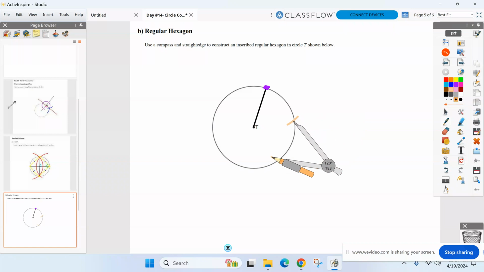So I have 1, 2, 3, 4, and here come 5, 6. And then we draw our chords from those arc marks that will form an inscribed hexagon.